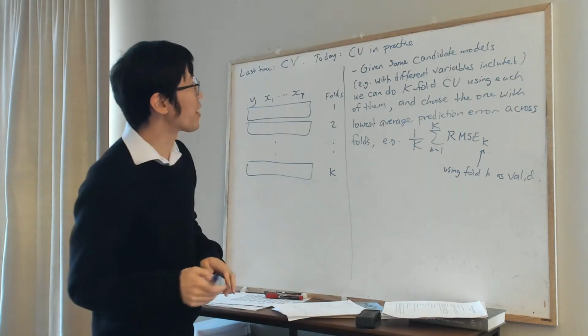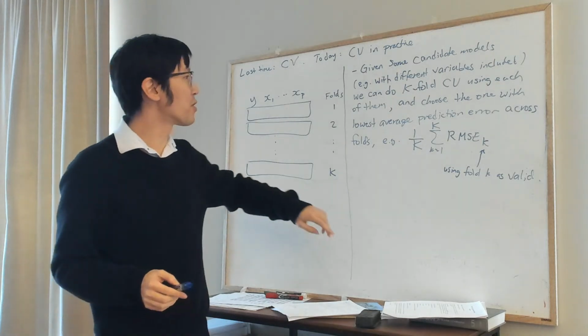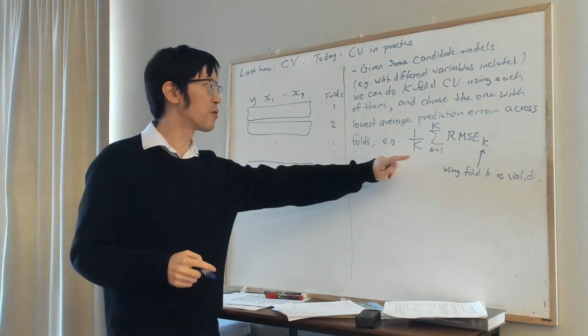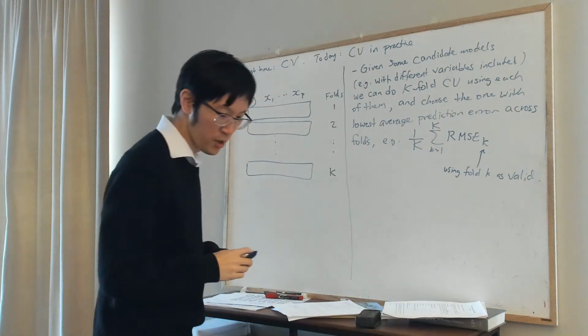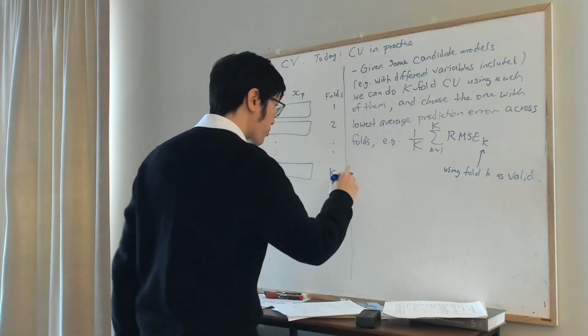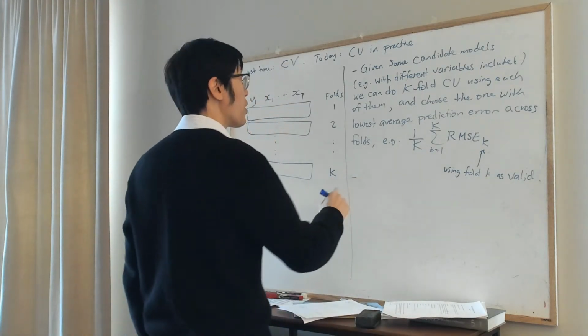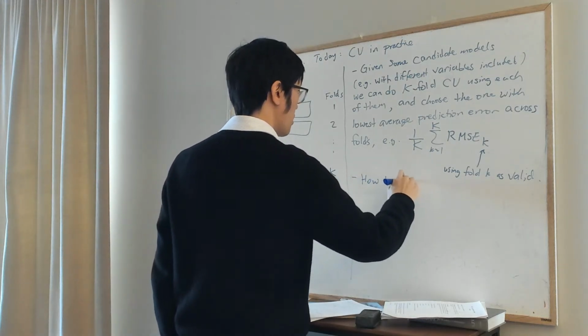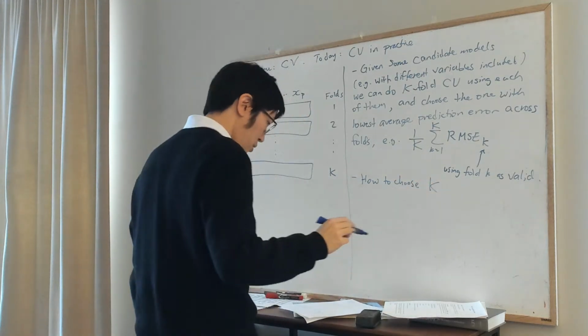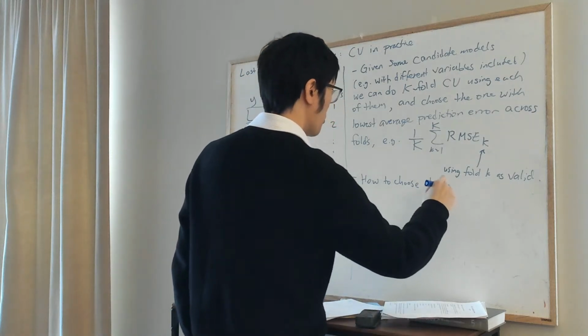There are a couple of unanswered questions here that we need to look at a little further. The first one is, how many folds? That is this value capital K. How do we choose the number of folds?